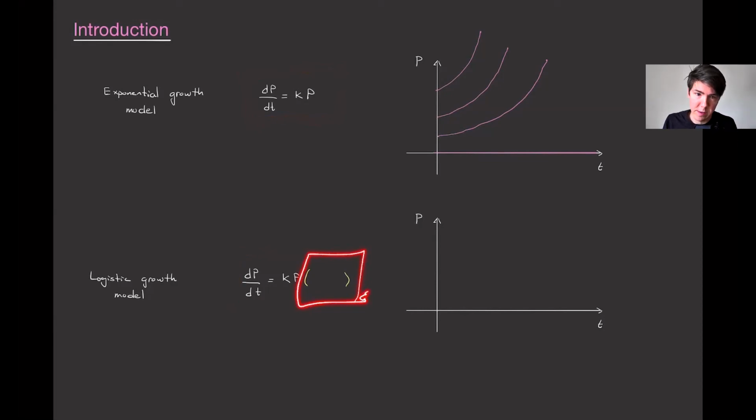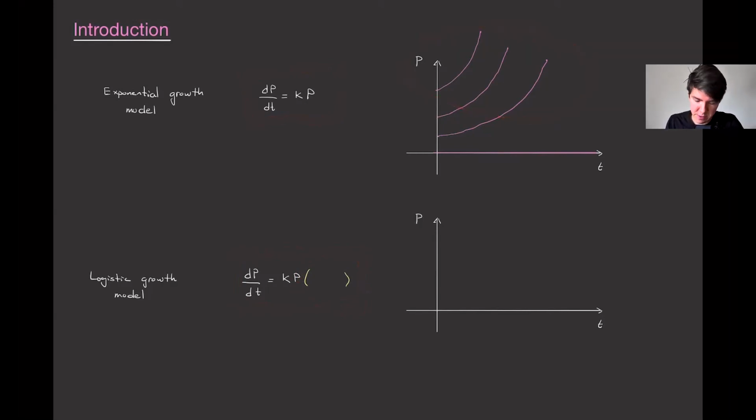And what we're going to do is we're going to enter some expression so that it's exponential when the population is low, and then it changes so that it will level off and it won't just grow off to infinity like it does in the exponential case.